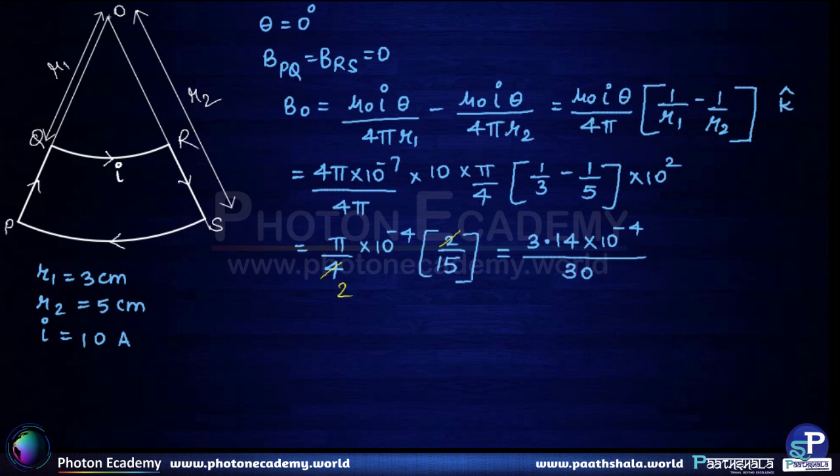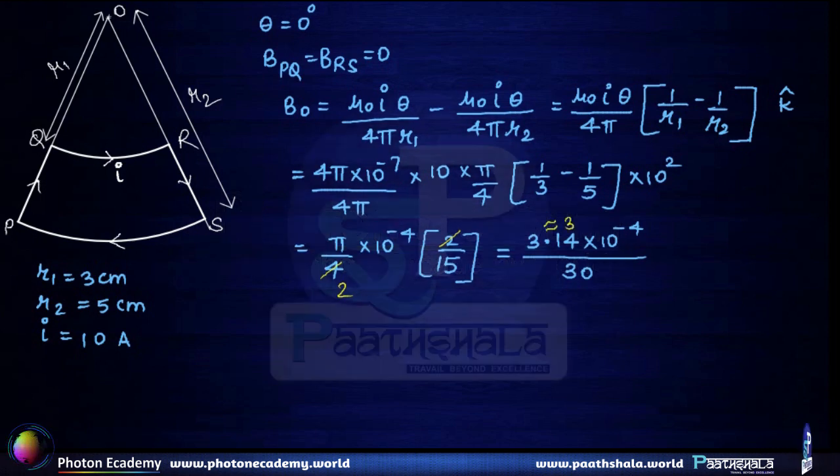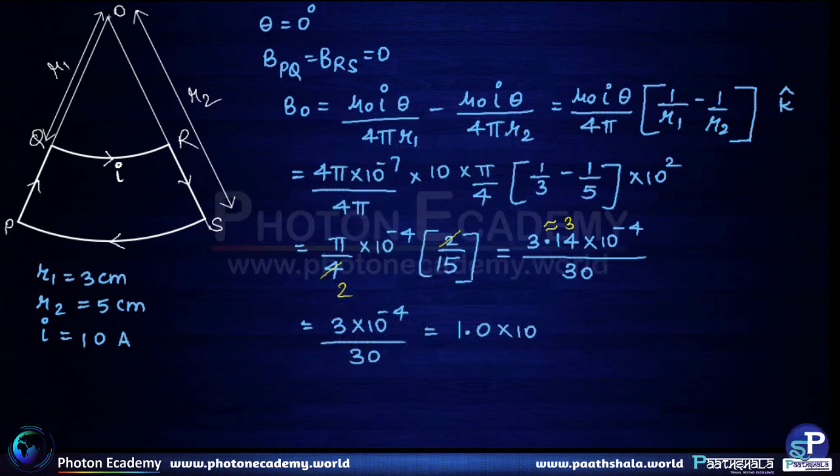We can approximately write this 3.14 as 3. By writing so, we get 3 into 10 to the power minus 4 divided by 30, which will be 1.0 into 10 to the power minus 5 Teslas. So the answer is option D.